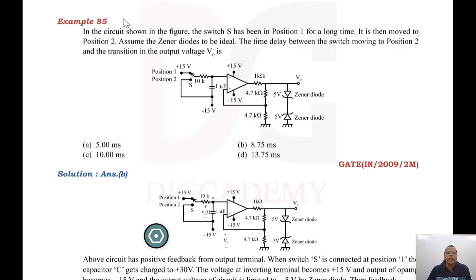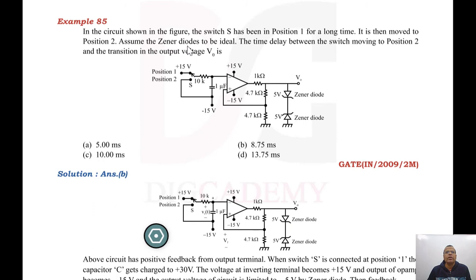Now let us see the next example. In the circuit shown in the figure, the switch S has been in position 1 for a long time. It is then moved to position 2.